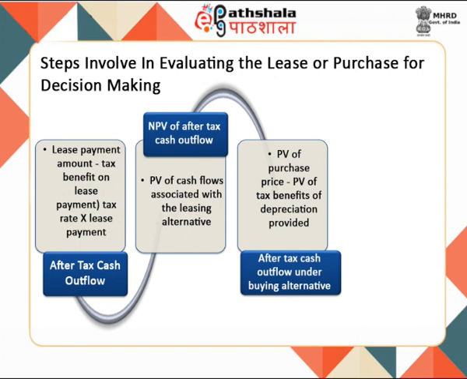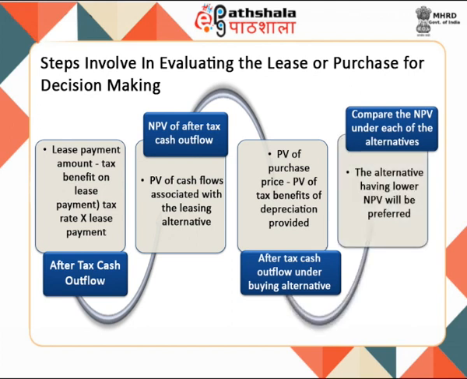That is, present value of cash flow associated with the buying alternative will be ascertained. 4. The decision between buying or leasing will be made by comparing the net present value under each of the alternatives. The alternative having lower net present value will be preferred.